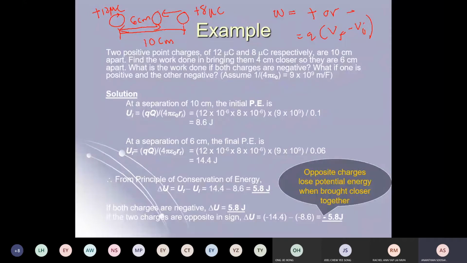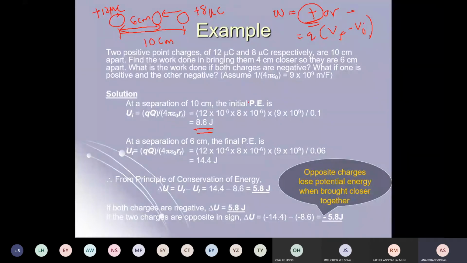Positive 12, positive 8, get closer. Work done positive or negative? It's going to be positive. It's very difficult for us to make two like charges closer. So you do positive work, you sweat, when you make them closer.